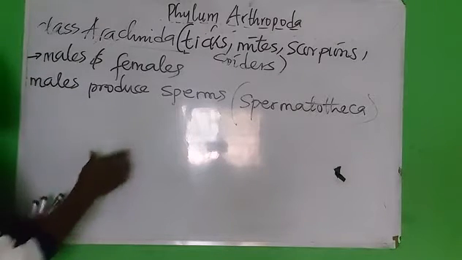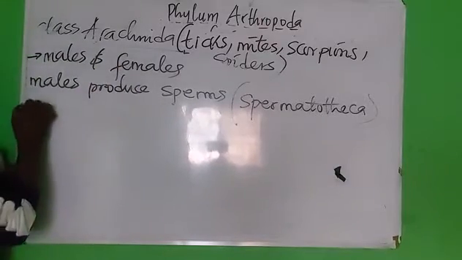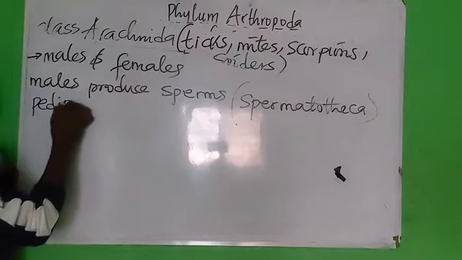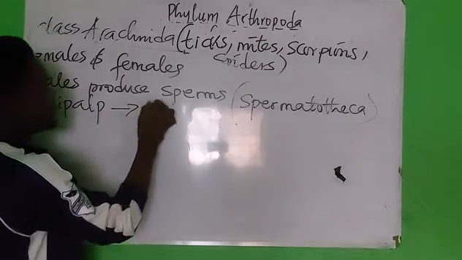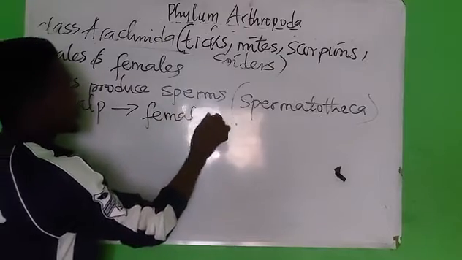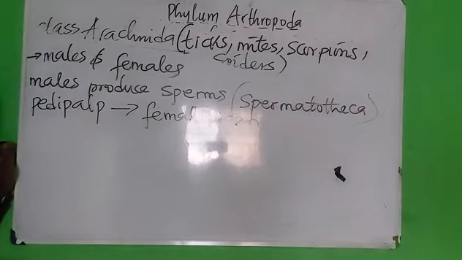As soon as the spermatotheca is produced, with the pedipalp, it is deposited into the female organ, into the female opening.